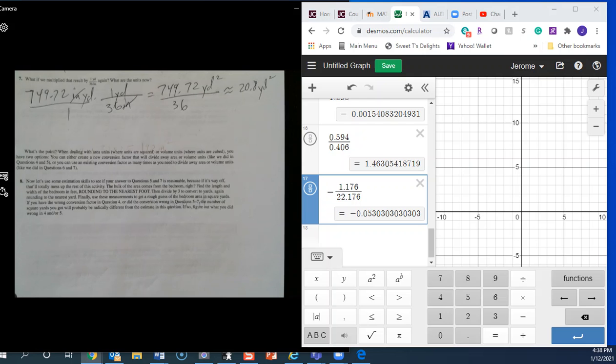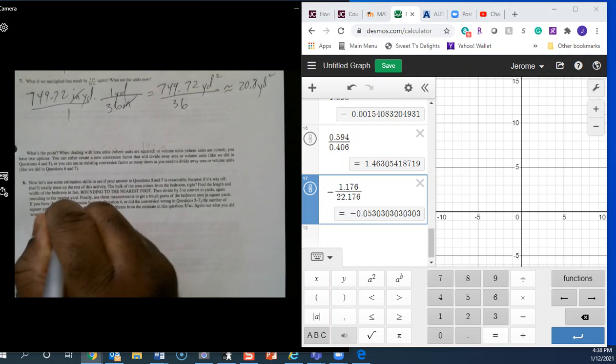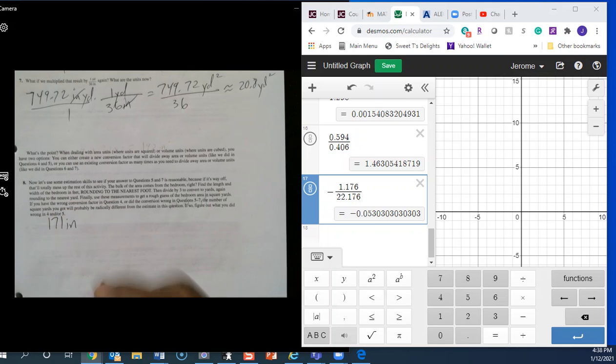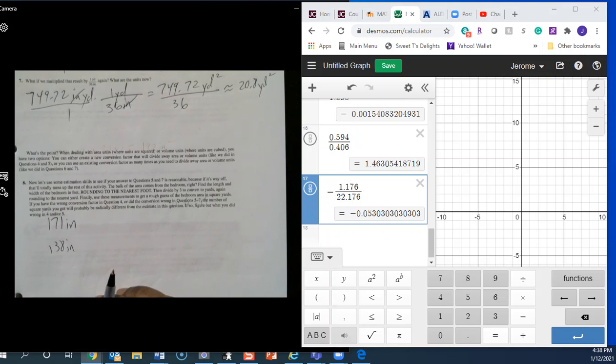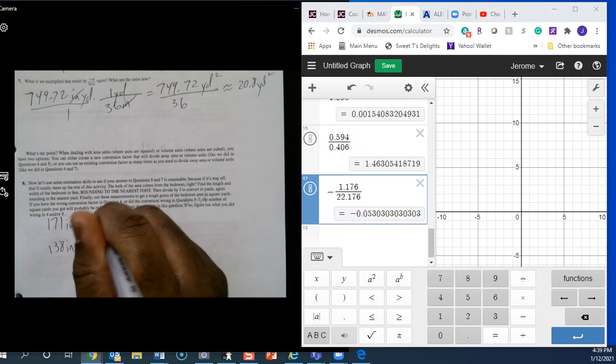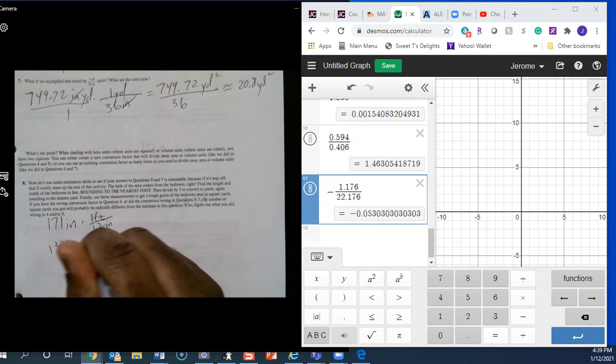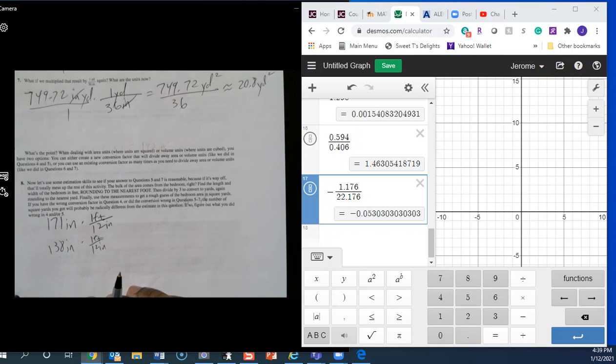Okay, now, it was 171 inches, and then we also had 138 inches. That's what we initially multiplied. Now we're going to multiply by the conversion factor. It'll be 1 foot over 12 inches. So remember, we're trying to get to yards.